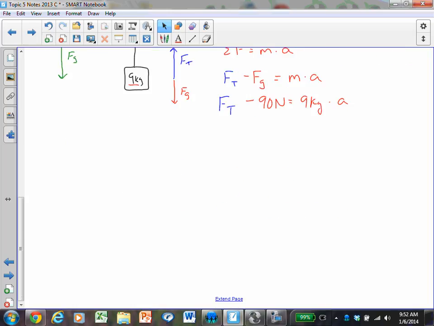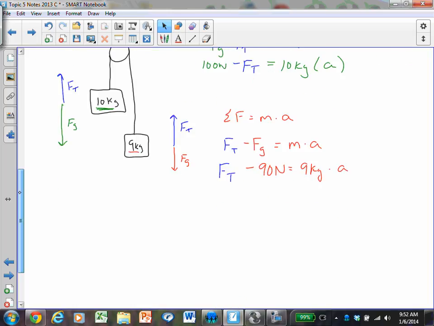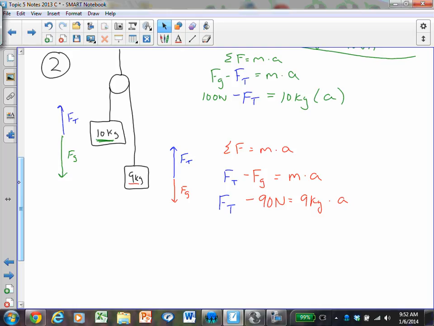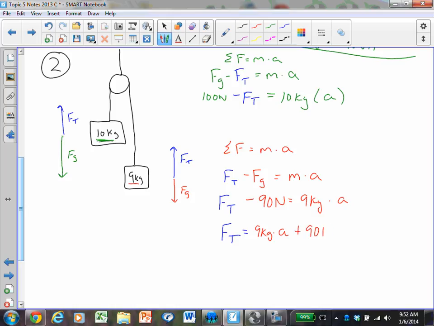Well, what do we have to do now, though? Isolate Ft. Solve. So Ft from this one would be 9 kilograms times A plus 90 newtons. And then we could plug it in up here.